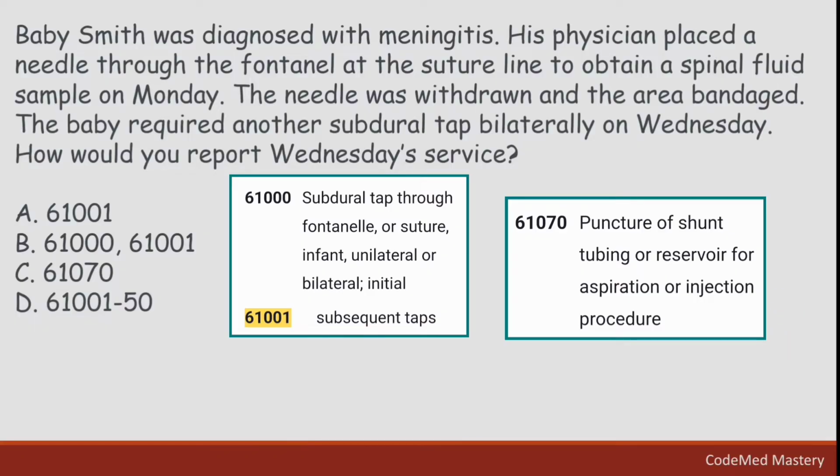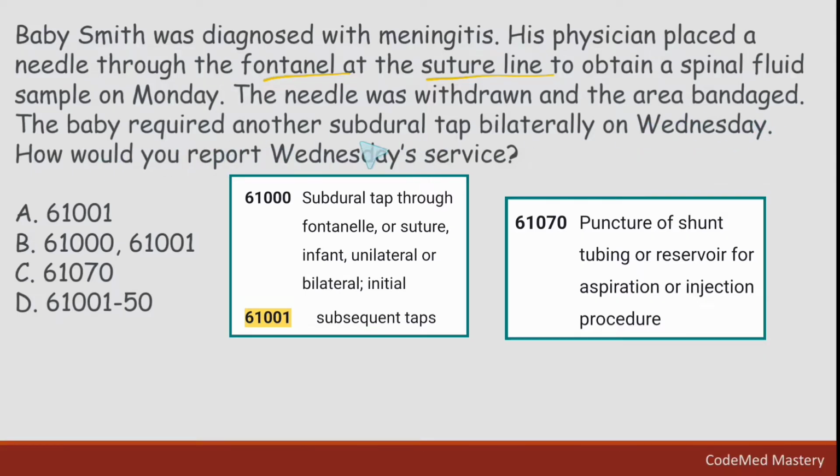The right answer is option A, 61001, because that is for subdural tap through fontanelle or suture infant, unilateral or bilateral subsequent taps. Because in the scenario you can see they have given the physician placed a needle through the fontanelle at the suture line to obtain a spinal fluid sample. The needle was withdrawn and the area bandaged.